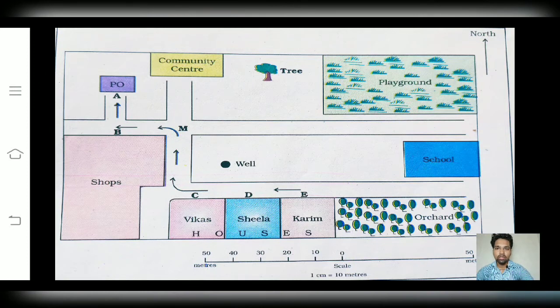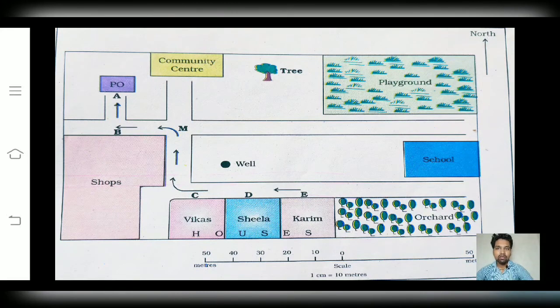So friends, at the bottom of the figure, we see a horizontal line with some numbers given at equal intervals. Actually, this is the scale used to make this particular map. Here at the bottom it is given that 1 centimeter is equal to 10 meters.